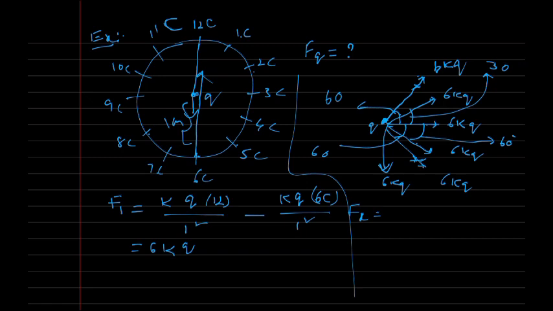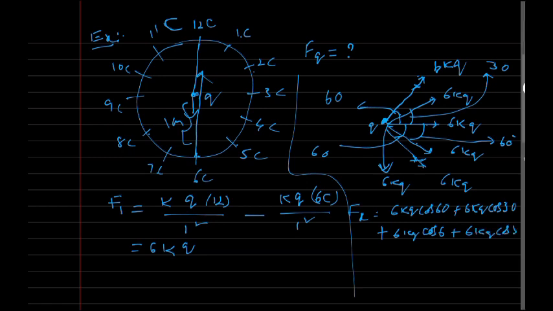Fx is equal to 6kq cos 60 plus 6kq cos 30, due to this one as well, plus 6kq cos 60 plus 6kq cos 30.